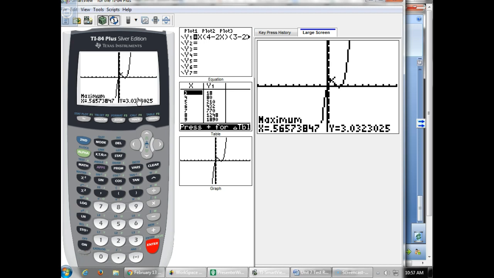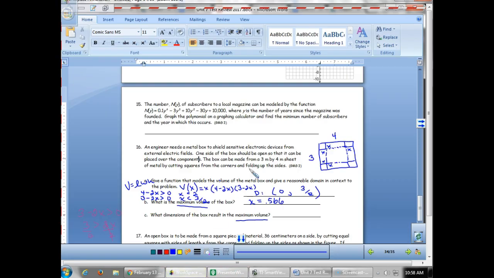So this I don't really need for the answer. I need this, and then I have to plug it into the other equation. So I'm going to have an x of 0.566 by, and then I'm just going to do what? 4 times. So you could just do this in your calculator.